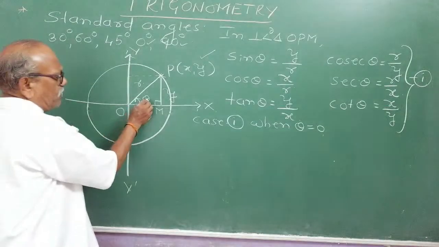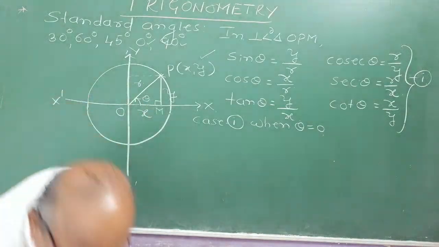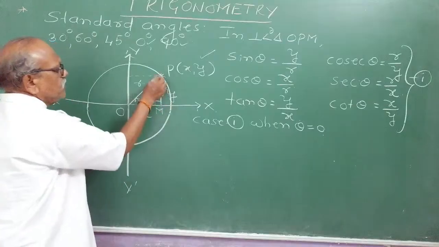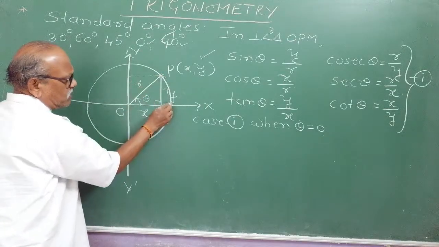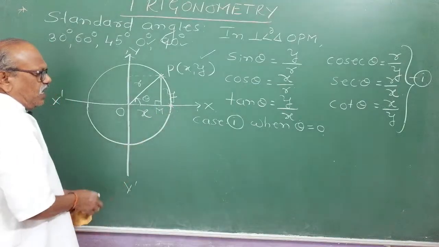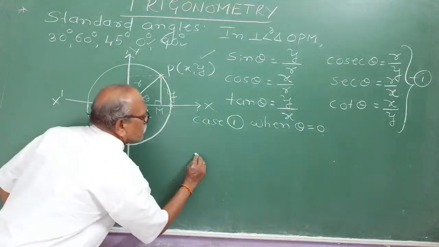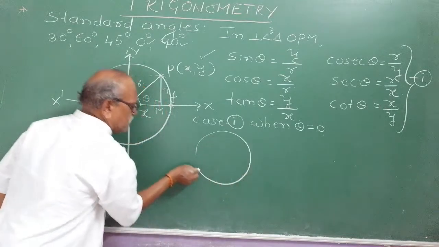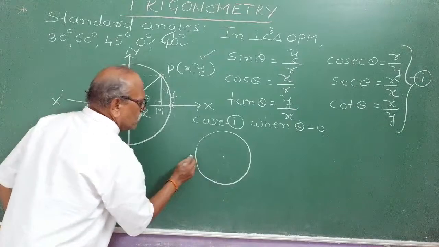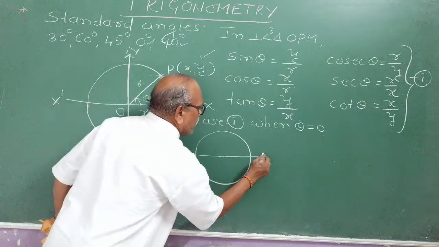See, when theta becomes equal to 0, what are the changes that take place here? This P, when theta becomes 0, this point P comes on what? X-axis. I will redraw this. Draw this particular small circle just for your reference. In the same diagram, you may get confused.